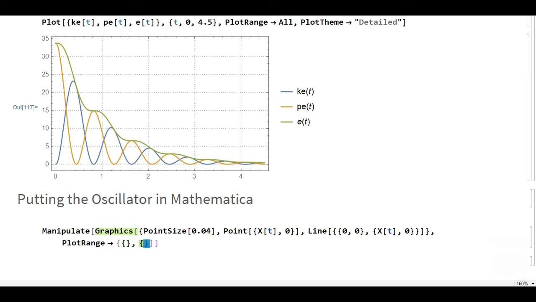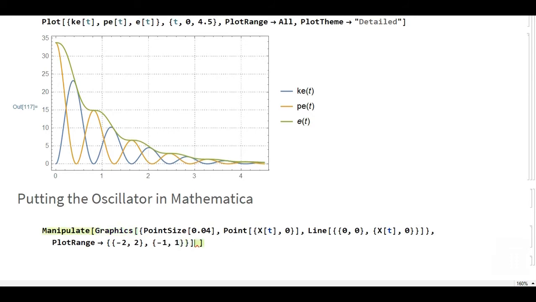We want to specify our x and our y, so x from -2 to 2, and we can change it if we need. For y, since our diameter will be just 0.08, we can just call it from -1 to 1. Okay, we are done, I think.